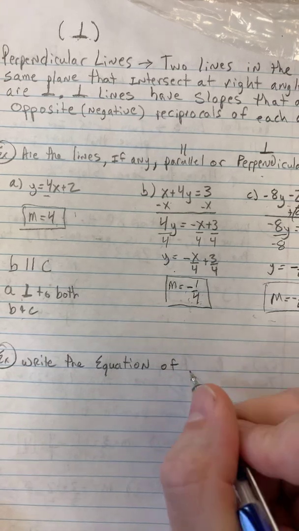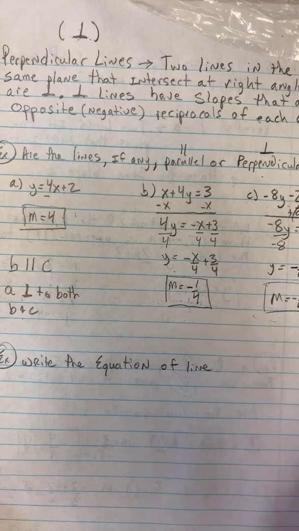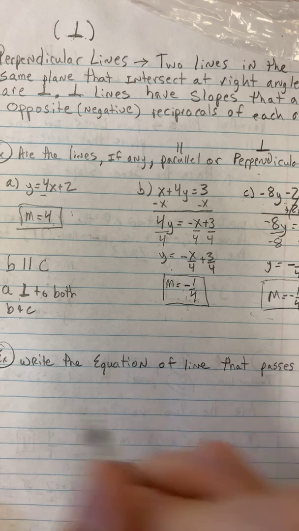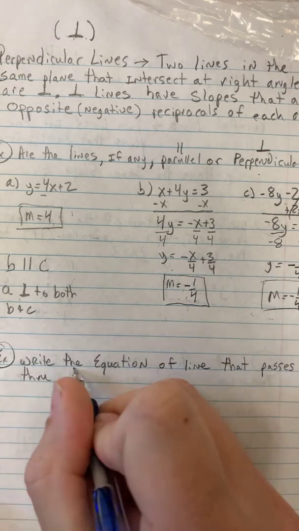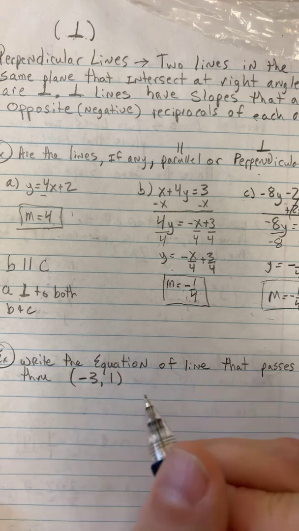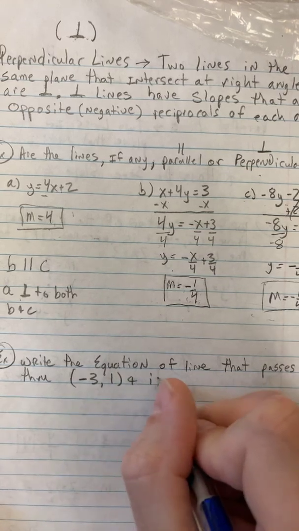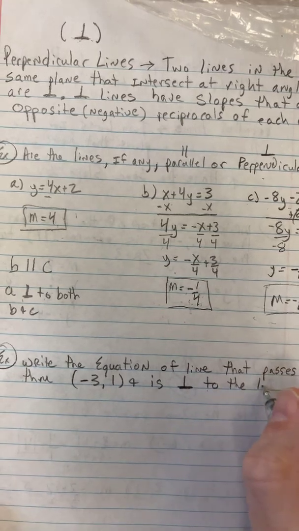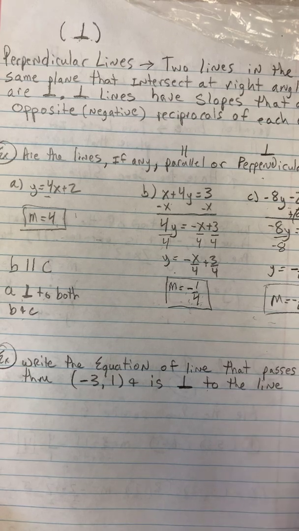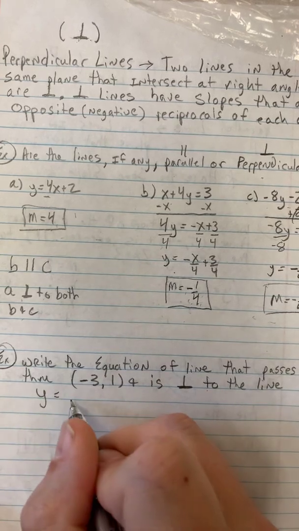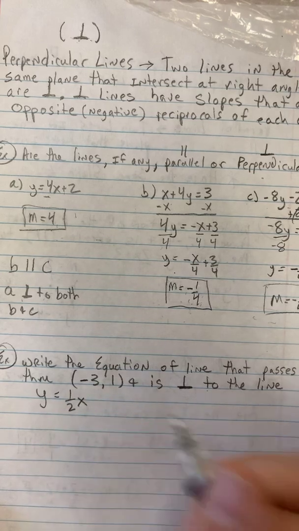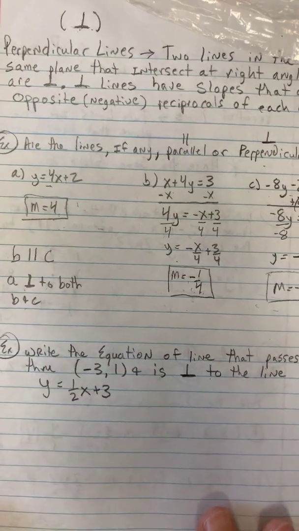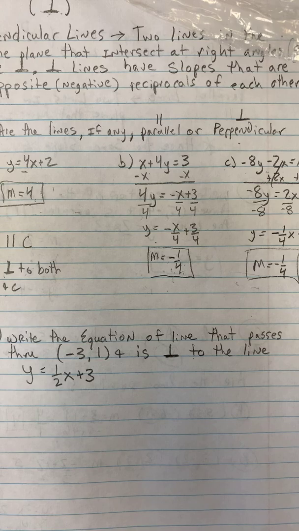So write the equation of the line that passes through the ordered pair -3, 1, and is perpendicular to the line y equals 1/2 x plus 3.